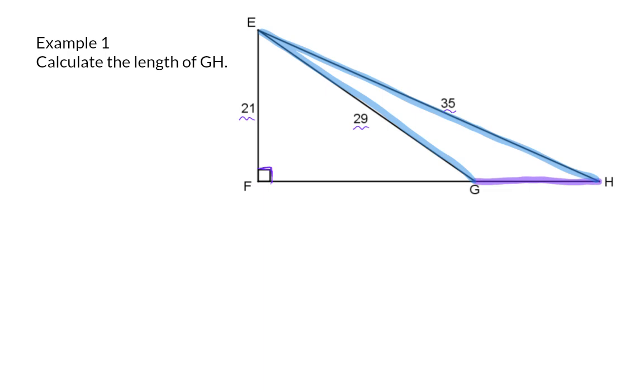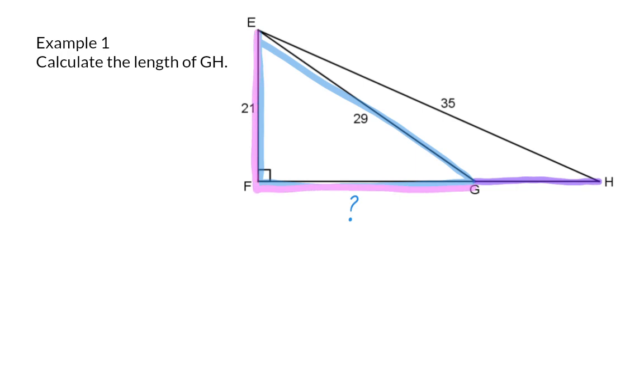This means we can't use the Theorem of Pythagoras in this triangle. What we can do is work in the small right-angled triangle and determine the side FG, and then work in the bigger right-angled triangle and calculate side FH. Subtracting these 2 lengths will give you the length of GH.